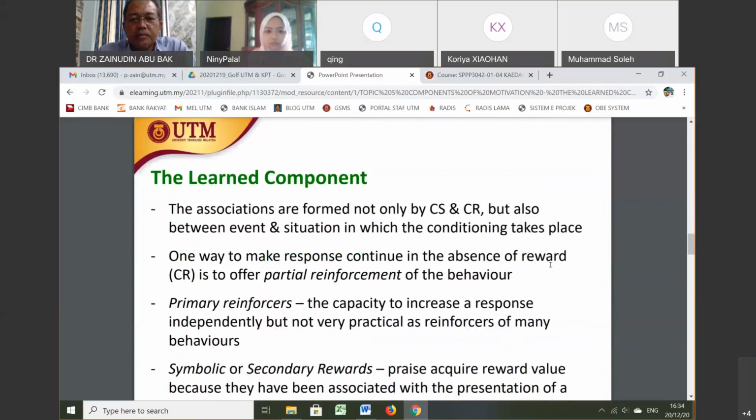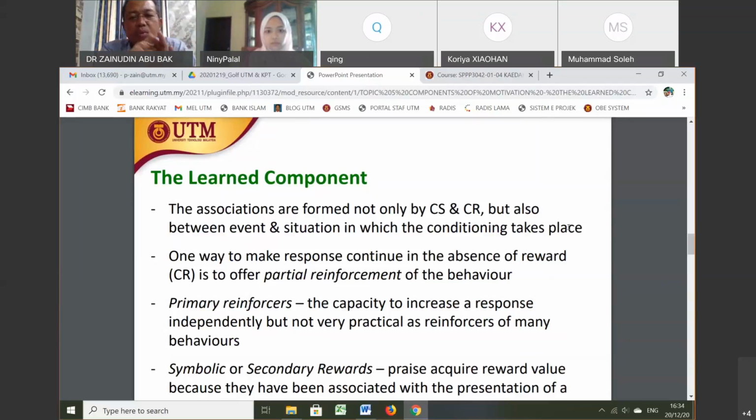Now, this is what I mentioned earlier, between conditioned stimulus and conditioned response, unconditioned stimulus and unconditioned response. It's not to say that we should only focus on CS or CR and ignore US and UR. This is about how we can utilize various ways of learning processes.